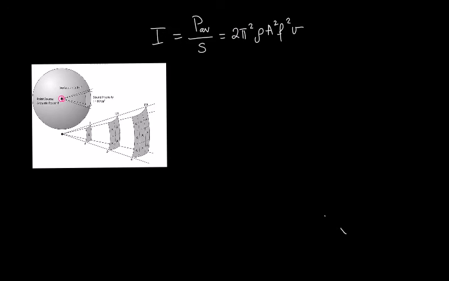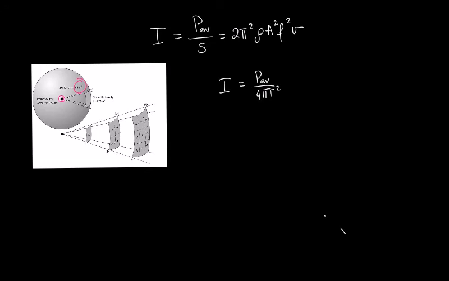As the wave moves outwards, the energy it carries is spread over a larger and larger area, since the surface area of a sphere is 4 pi r squared. Thus the intensity would be equal to average power divided by 4 pi r squared.